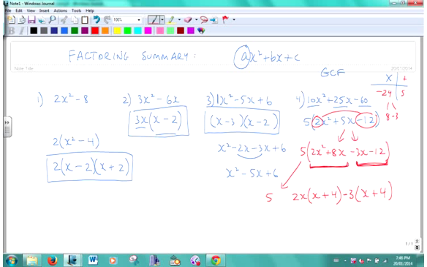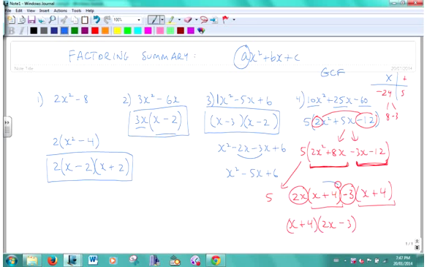And then I got the same thing, don't I? Okay, and that's the key. I want the same thing in the brackets here. That's what I want to factor out. If I factor that out of this and this, then what do I have left here? I have 2x minus 3. Okay?